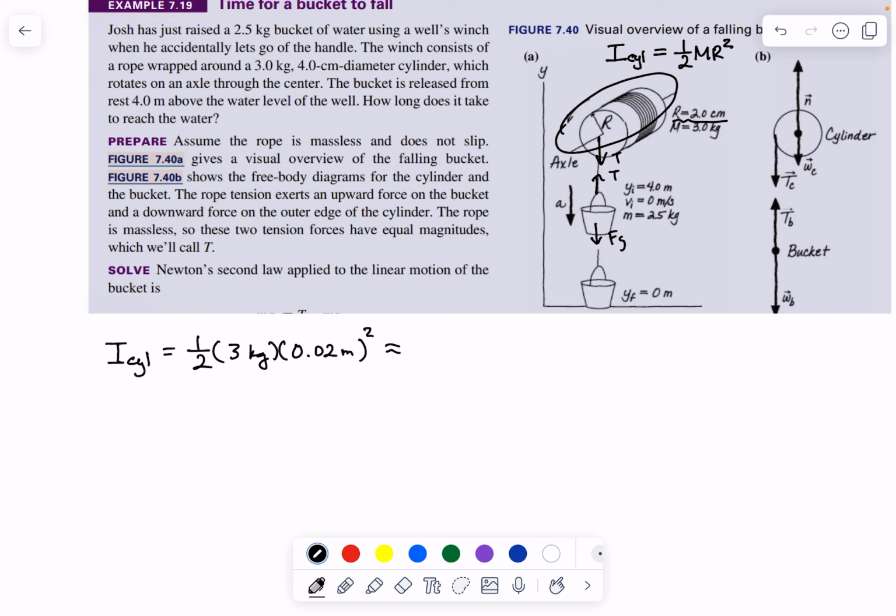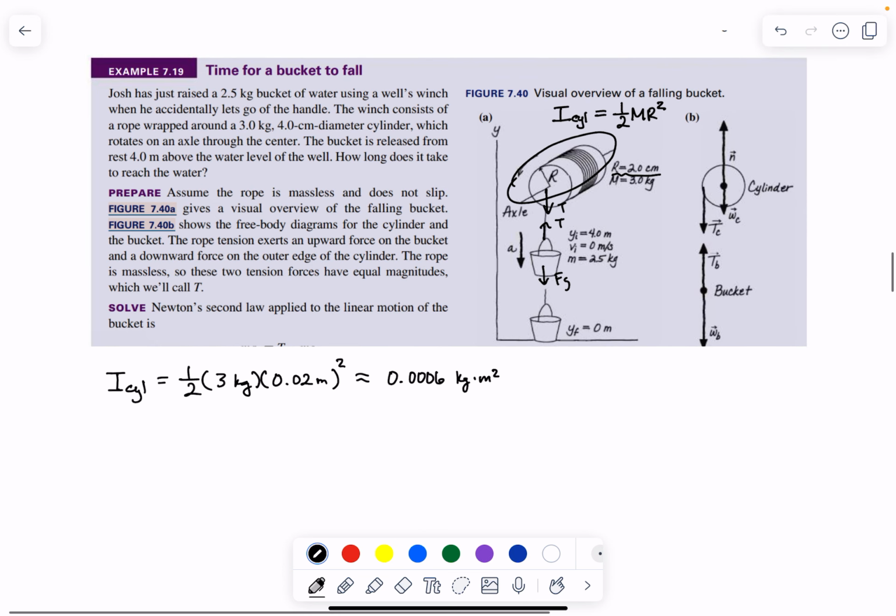That would be 6e to the negative 4, so 0.0006. And the units here would be kilograms times meters squared. Might be nice to write that down. Okay, so we're going to need that.